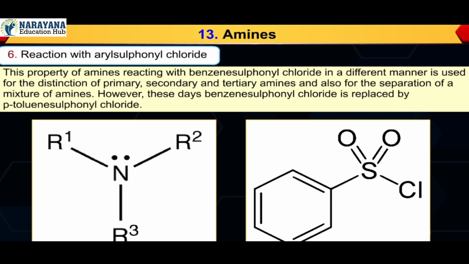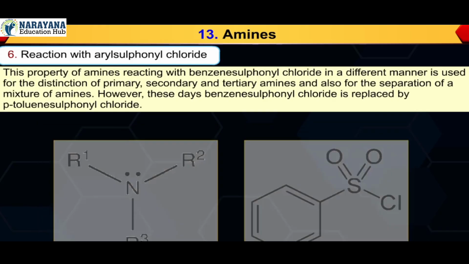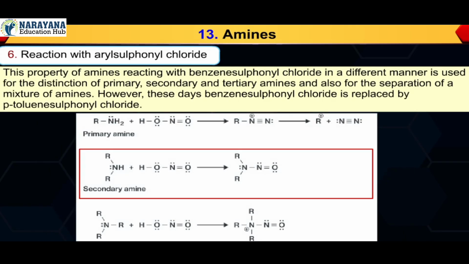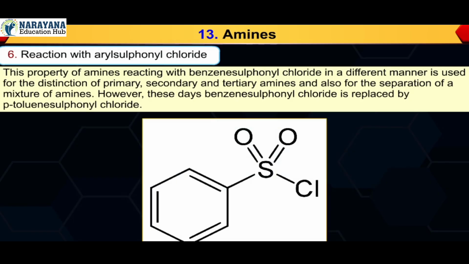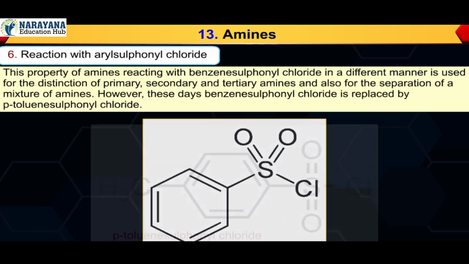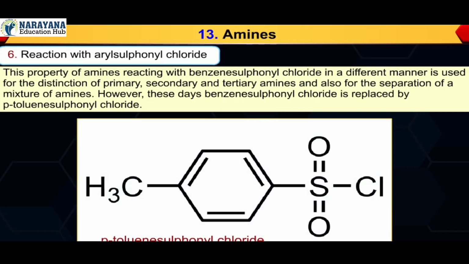This property of amines reacting with benzene sulfonyl chloride in a different manner is used for the distinction of primary, secondary and tertiary amines and also for the separation of a mixture of amines. However, these days benzene sulfonyl chloride is replaced by p-toluene sulfonyl chloride.